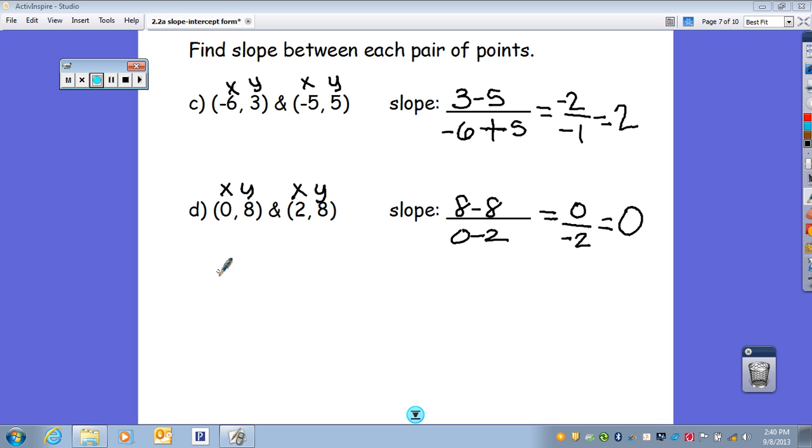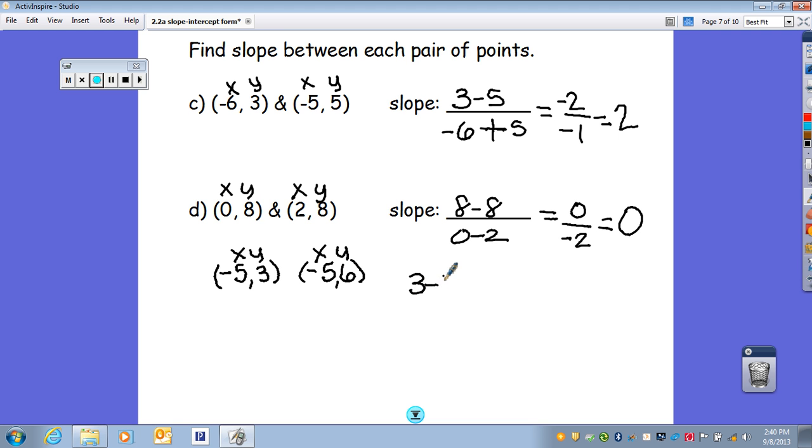I'd like to do one more example. Let's say we had the point 5, negative 5, 3, and then we had the point negative 5, 6, and I wanted to find the slope. So I'm going to subtract my y values, and then I'm going to subtract my x values.